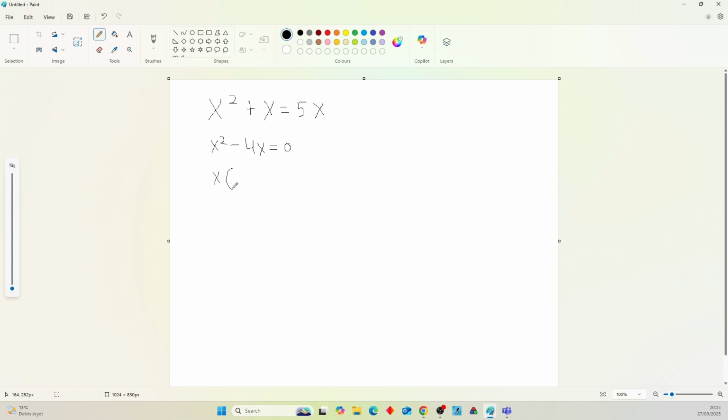You're simply saying x times x, that is x squared, and minus x times 4 equals 4x. So you factorize them like this, equals 0. And now you can simply say from this, x equals 0.